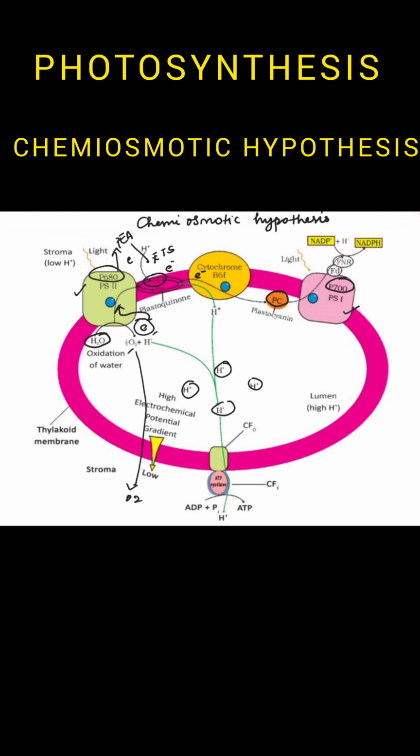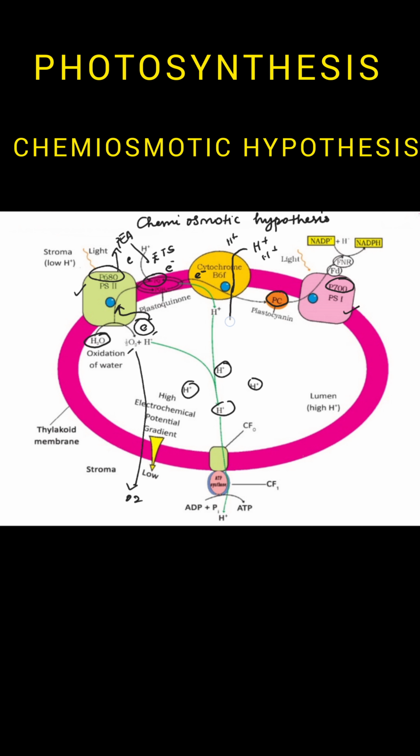When the electron moves from plastoquinone to plastocyanin, the proton from the stroma region is accepted by cytochrome b6.